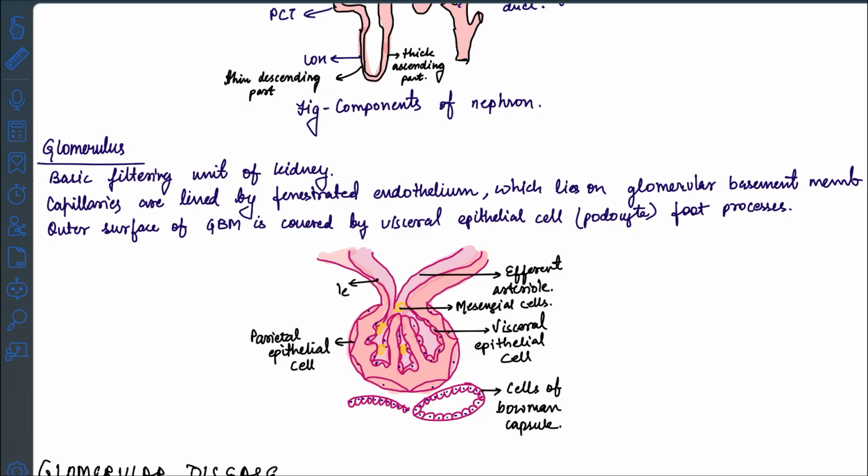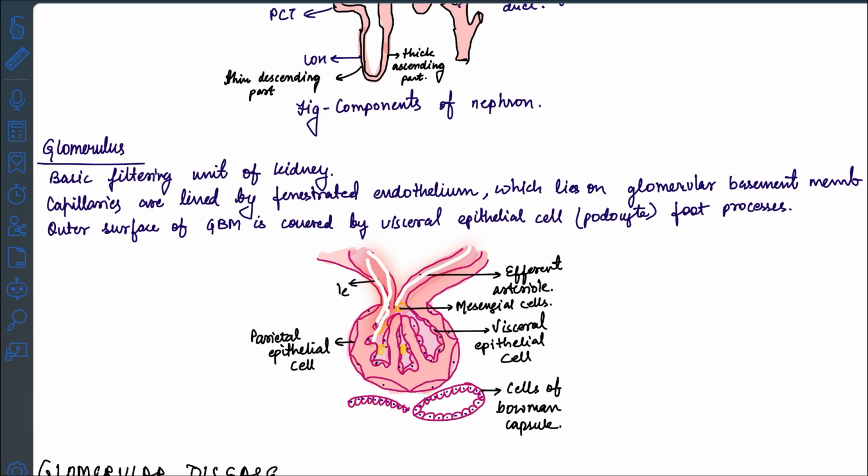So in this figure, I have drawn a figure here. This is the tuft of capillary, which we call the glomerulus, but the outer part is known as Bowman's capsule. This part which we are seeing here is not the part of glomerulus, but it is the part of Bowman's capsule, and the cells lining these, the parietal epithelial cells, are the cells of Bowman's capsule.